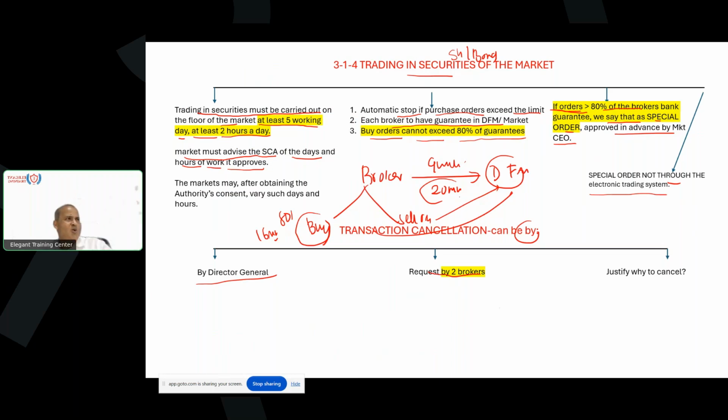If you have bought, another broker has sold. So 2 brokers must request the cancellation. If you want to cancel your buy transaction, what will happen to the sell transaction? Both have to be cancelled. So 2 brokers have to request the market jointly to have the transaction cancelled.